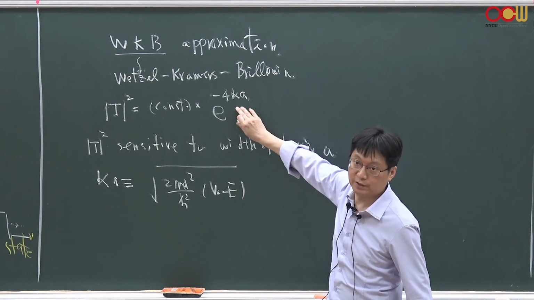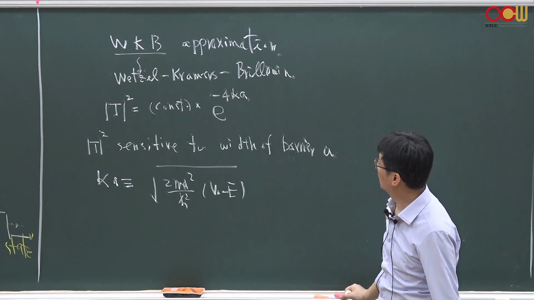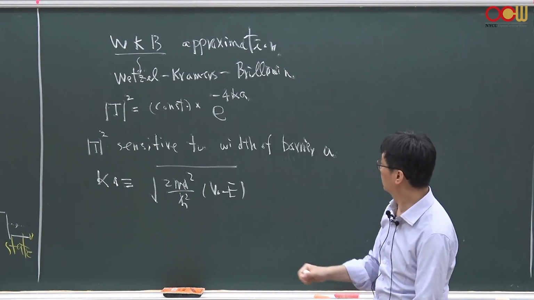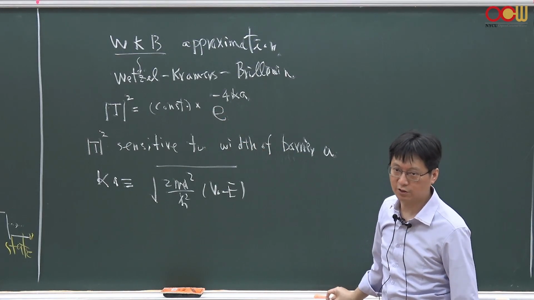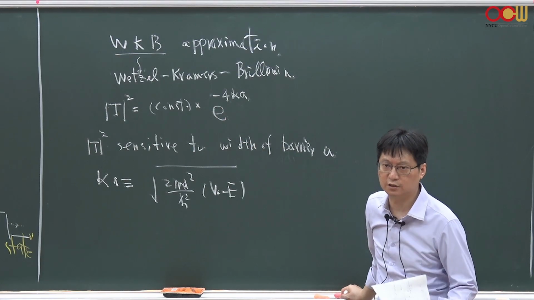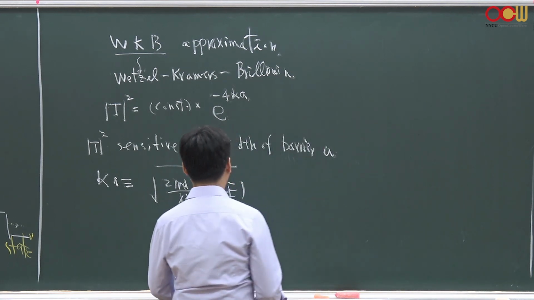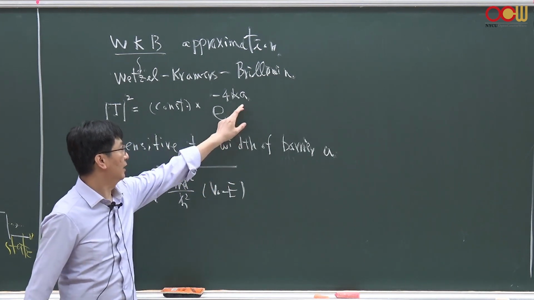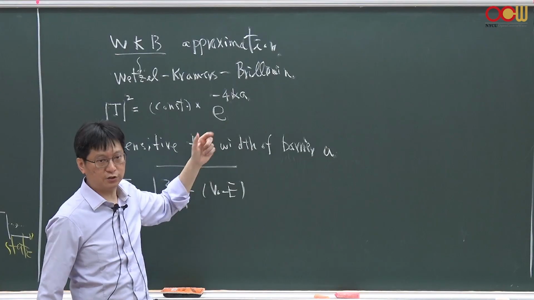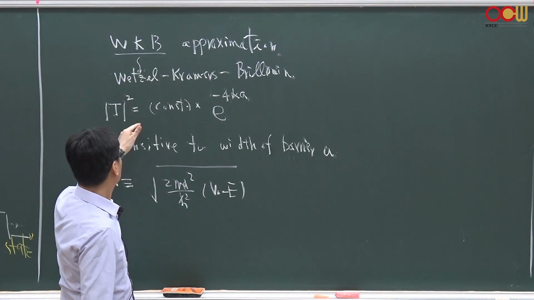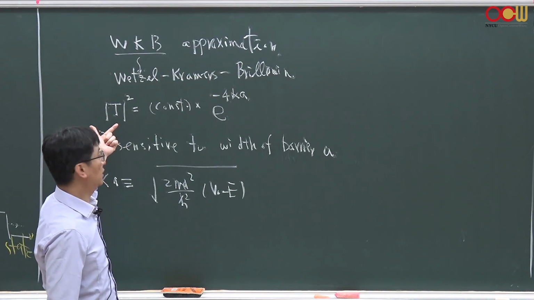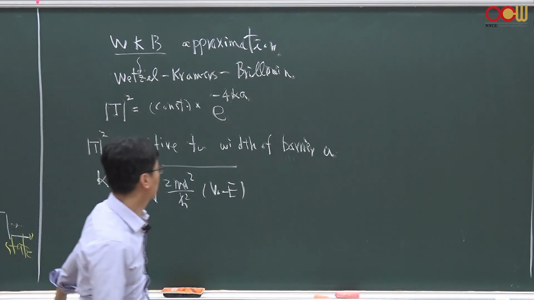Because this is an exponential function, when a changes a little bit, the exponential function changes a lot. So a very small change in a will lead to a very large change in the exponential decay function, which means that T squared, or T, is really sensitive to the width of the barrier.